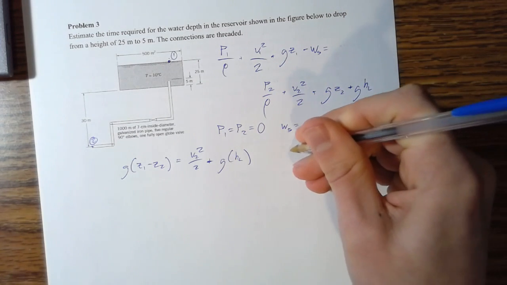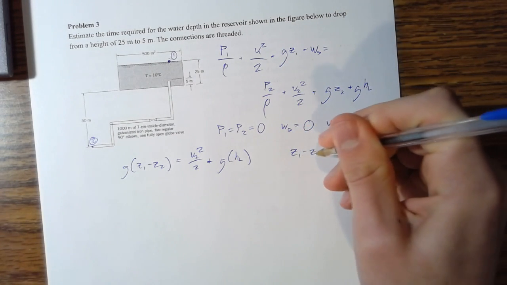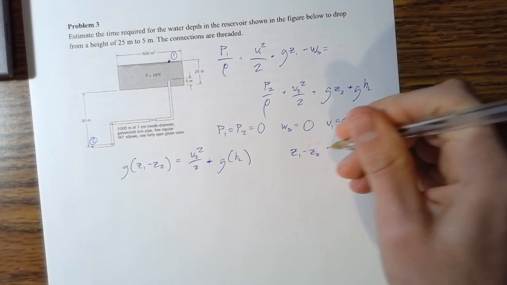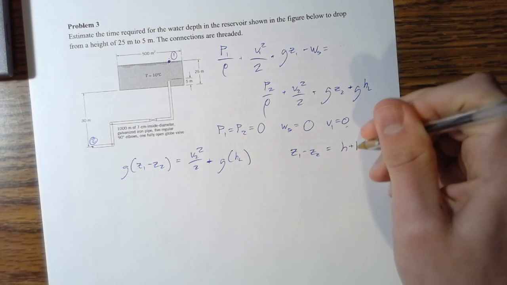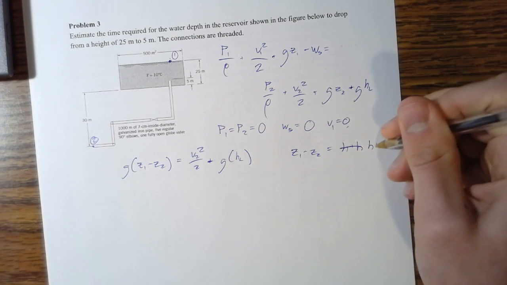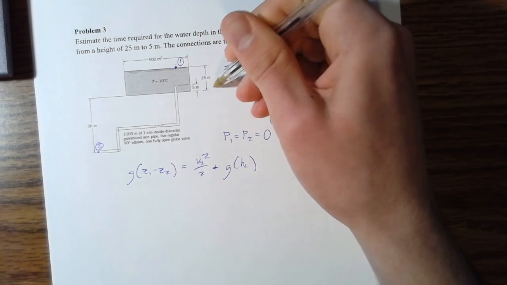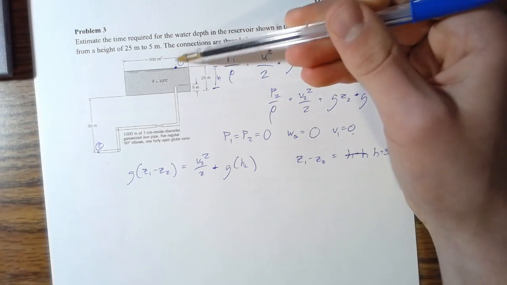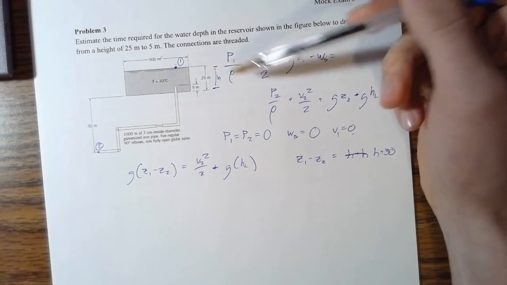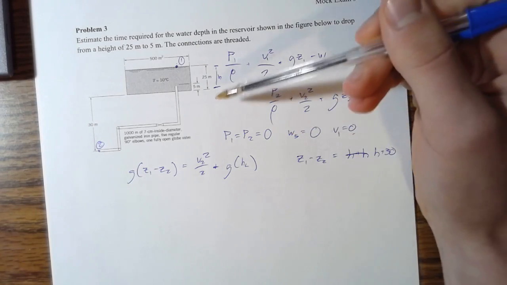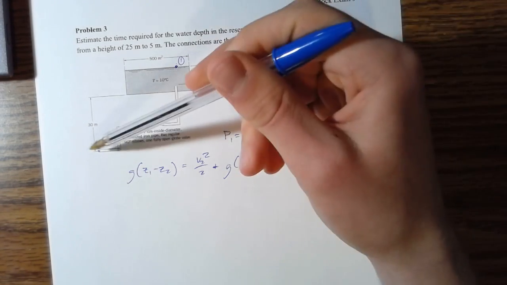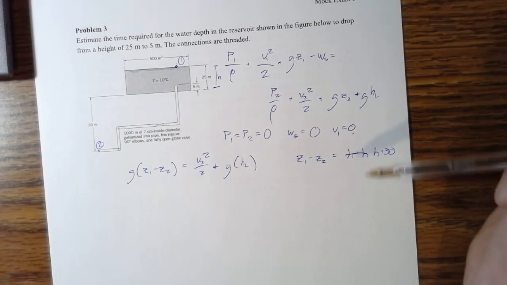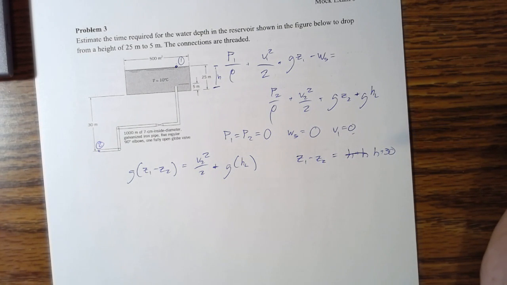And we're going to denote Z1 minus Z2 as H plus 30, right? So we're going to call the distance from here to the surface of the water, or point 1, H. So our Z1 we can call H plus 30, and our Z2 we can call 0. So we can just call the difference H plus 30.